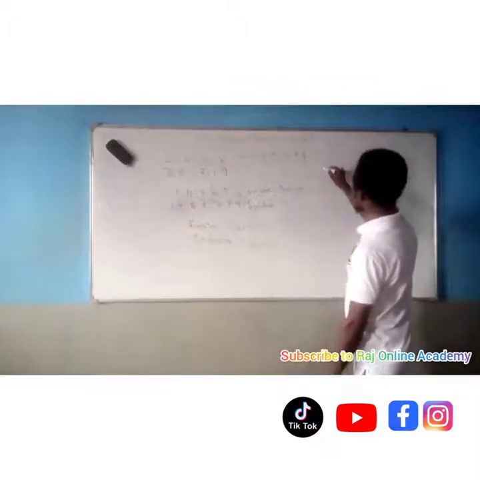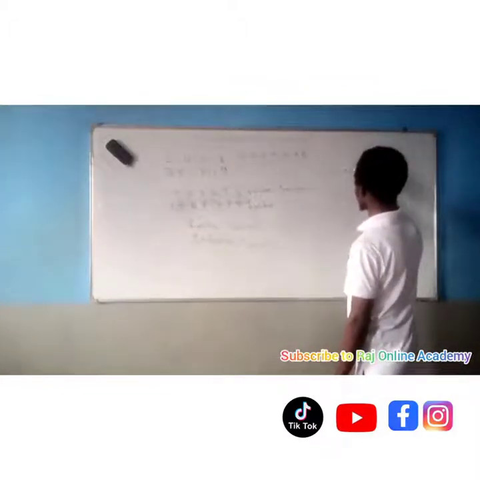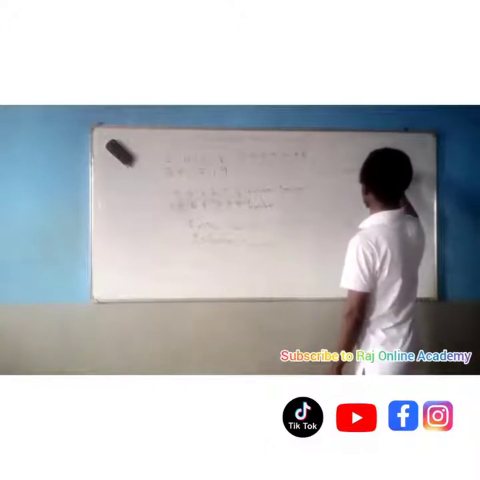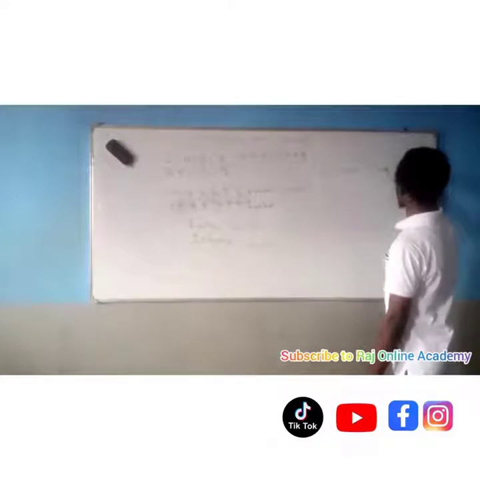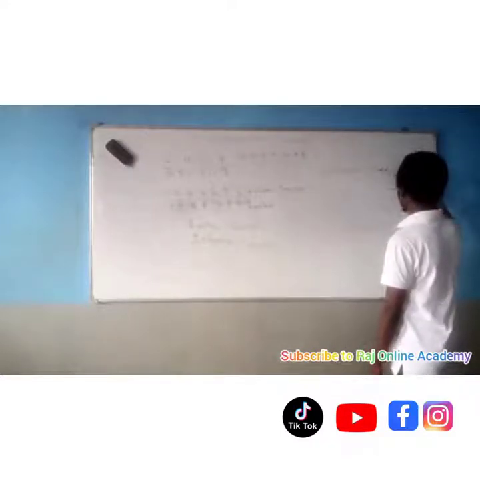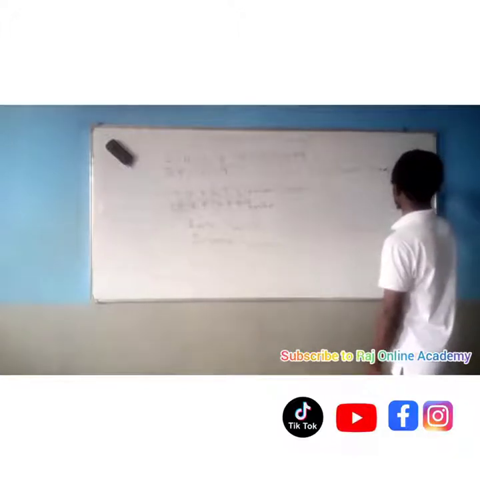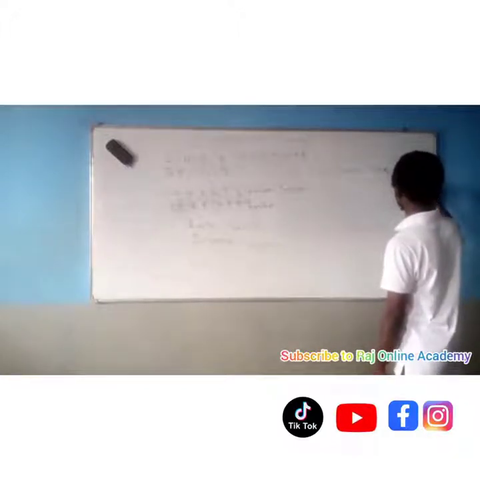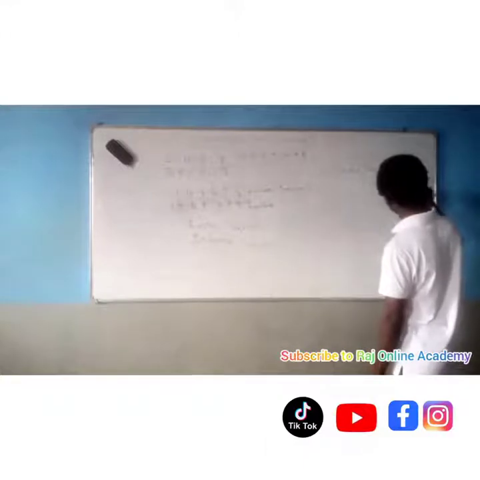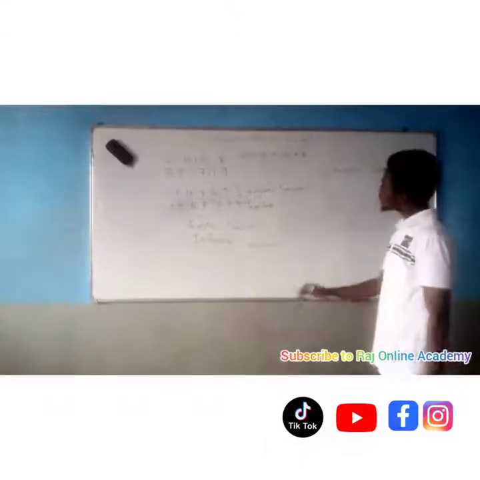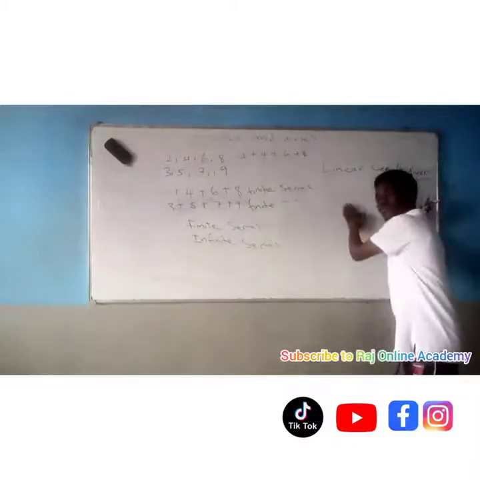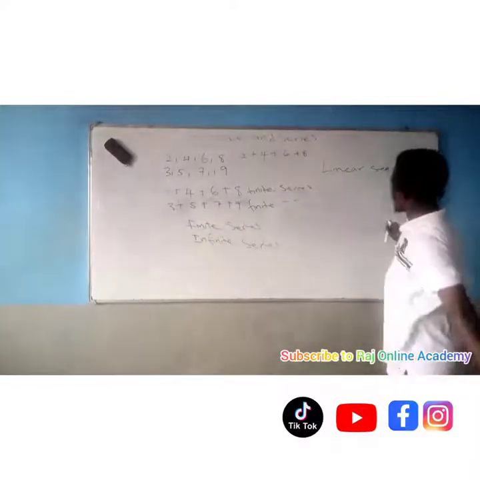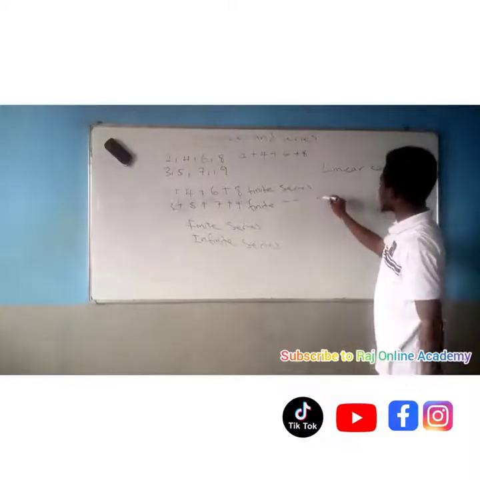We have the linear sequence, or we can say the arithmetic progression, or for short, AP. We also have the exponential sequence.